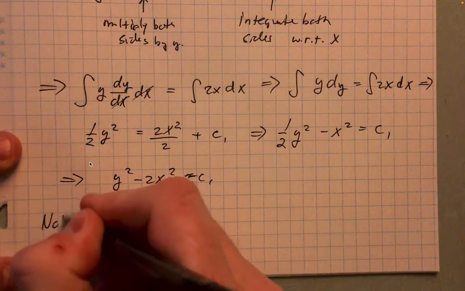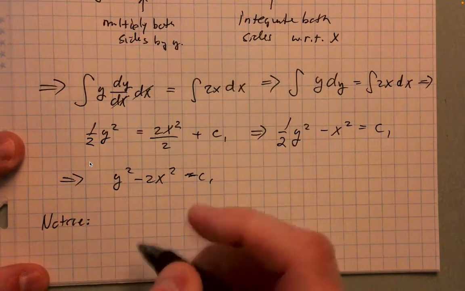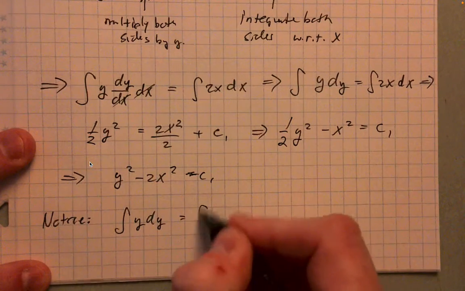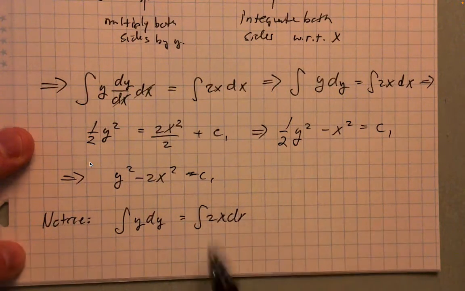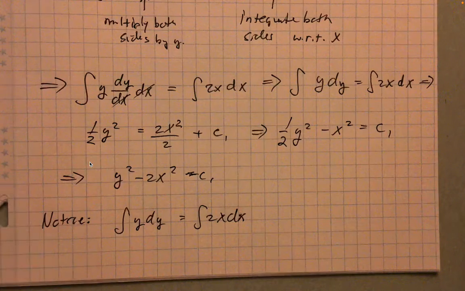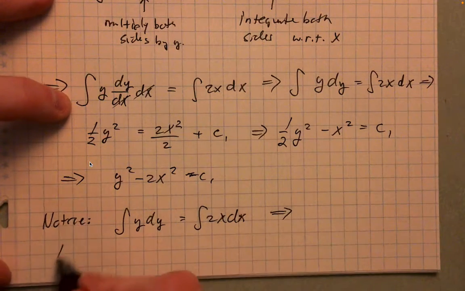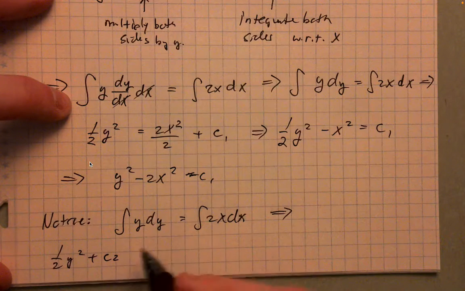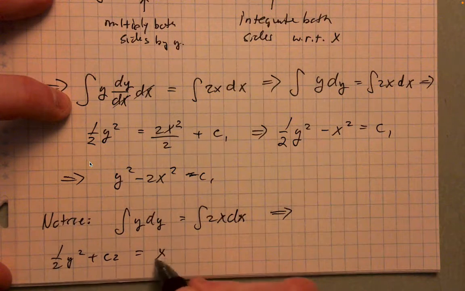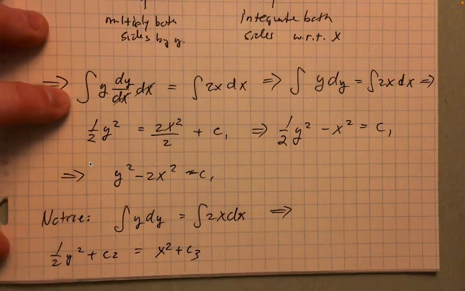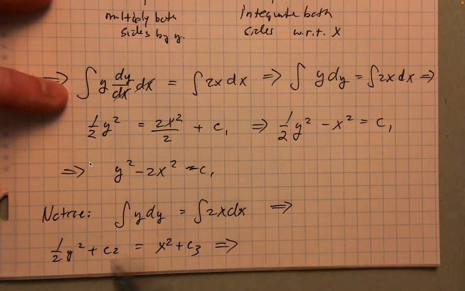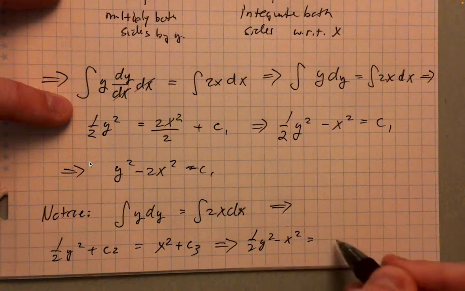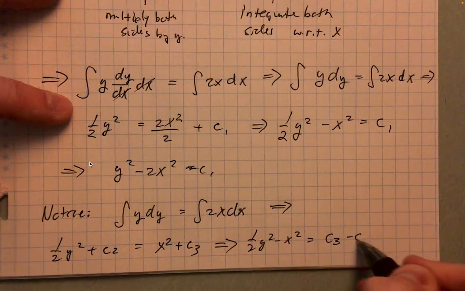Okay. Now let's talk about the constant here, the constant of integration. So notice, if I go back a couple steps and I've got my integral of y dy equals integral of 2x dx, and I integrate this and put a constant on both sides, like so, you can see that I could easily do the algebra here, and I would get 1/2 y squared minus x squared equals c3 minus c2.